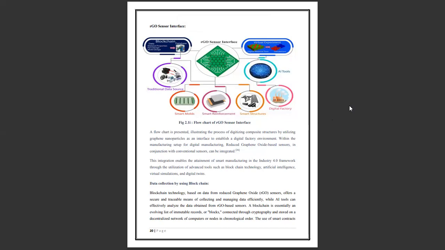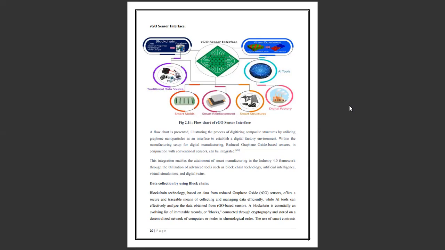Within the manufacturing setup for digital manufacturing, reduced graphene oxide-based sensors in conjunction with conventional sensors can be integrated. This integration enables the attainment of smart manufacturing in the Industry 4.0 framework through the utilization of advanced tools such as blockchain technology, artificial intelligence, virtual simulation, and digital twins.